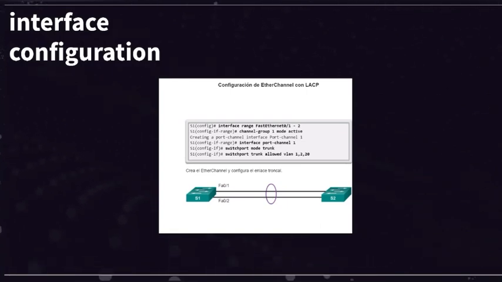Speed and duplex: configure all interfaces in an EtherChannel to operate at the same speed and duplex mode, as shown in the illustration.